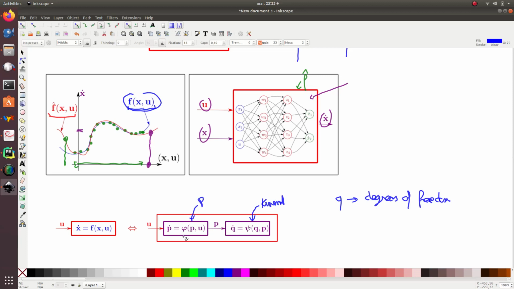In this model, phi contains many unknown parameters, such as the mass, the inertial matrices, the friction coefficient, or whatever. But this one is almost exact. So I don't need to learn this one, since I know it, and it is the same for all boats, as we will see in the example later.